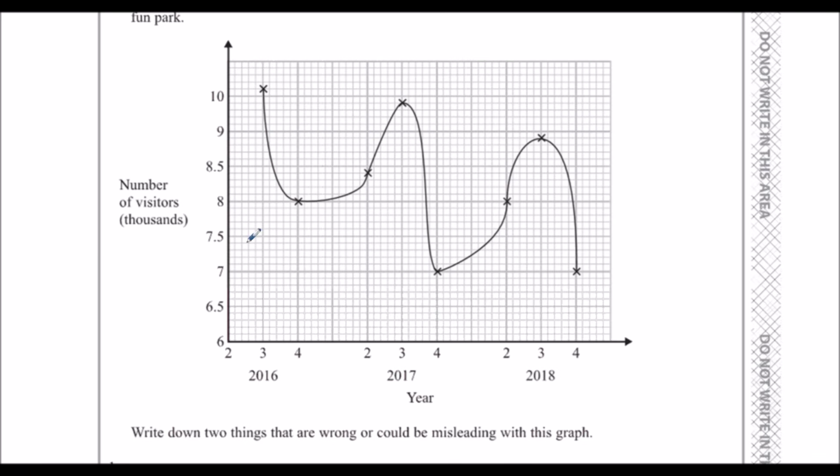So let's start with the scale for the number of visitors. It's not consistent. It doesn't go up by the same amount every time. It's going up by 0.5s every time, and then it goes up by 1 at the end. So that's wrong or misleading, because it could make these differences look smaller than they are.